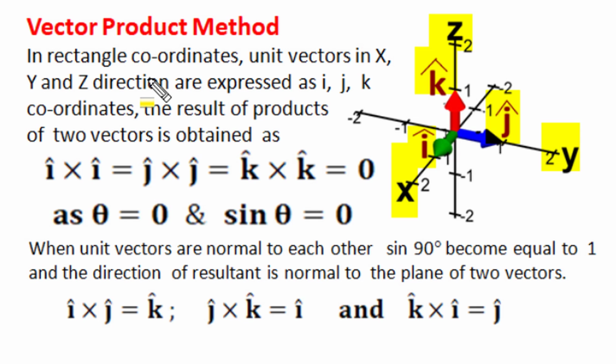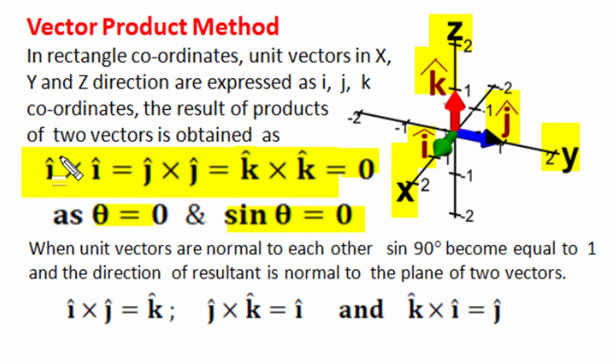Now in vector product of unit vectors, if the cross product of two identical vectors i cap, j cap or k cap is done, then this product is always equal to zero, as the angle between two identical unit vectors of the same direction is zero degrees, and in cross product the resultant is the magnitude of the first vector, magnitude of the second vector and sine of the angle between the two vectors, and for theta zero, sin theta becomes zero and the magnitude of the cross product becomes zero.